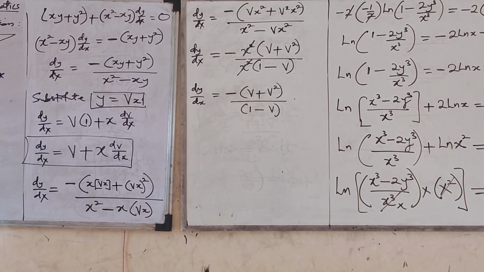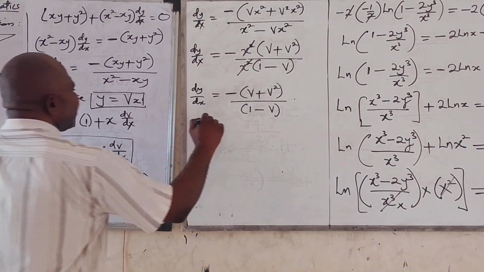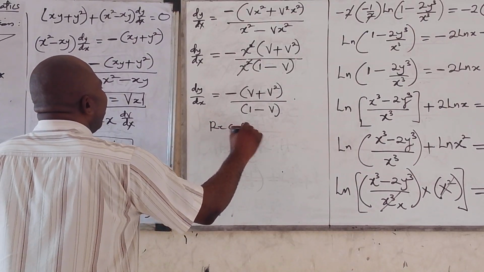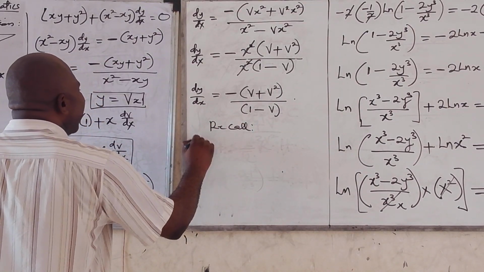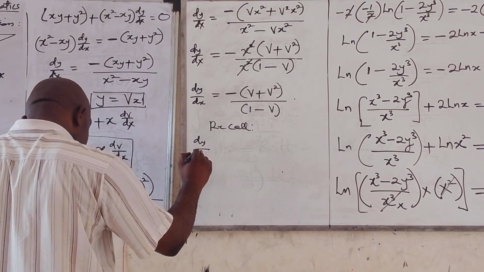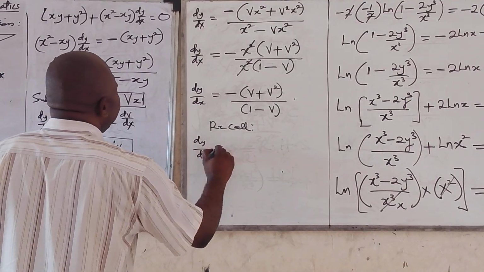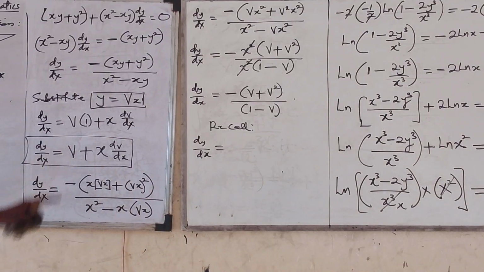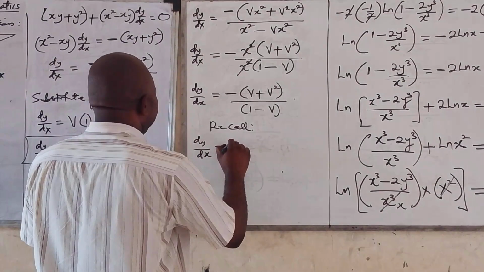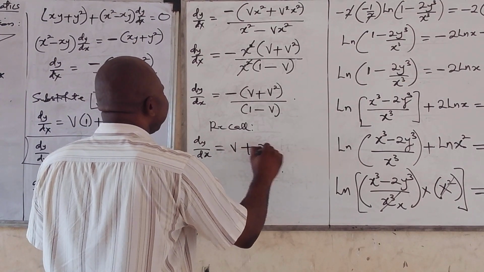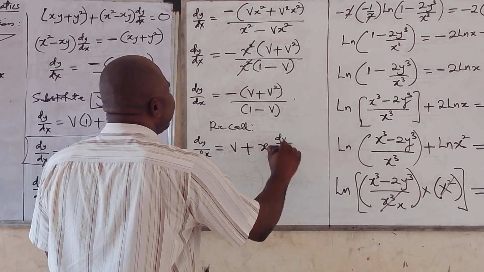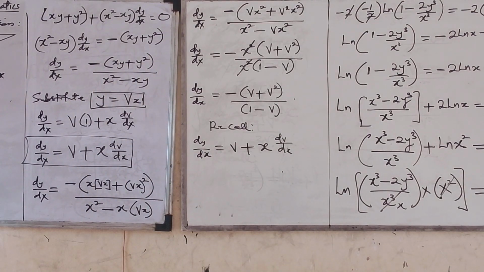Now, but recall that dy/dx is equal to v plus x dv/dx. So that's the dy/dx.